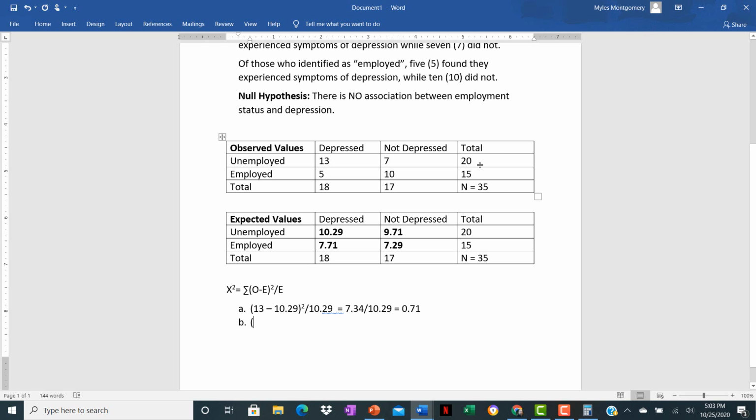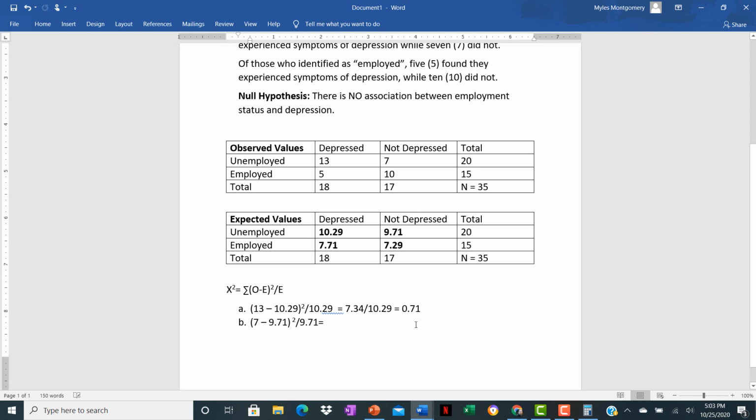Okay, moving on to the B cell. B cell is 7, it's going to be observed, and then we'll say 9.71, and it's going to be squared. In fact, what I can do right here is copy and paste that. That's going to be different, but it saves me a little bit of time, don't you think?